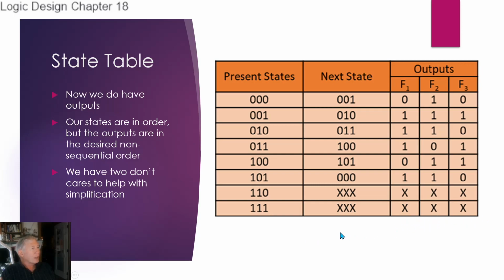So we have to design the D inputs for our 3 flip-flops, and then we have to have a network for each of our outputs, F1, F2, and F3, which could actually be used to latch in 3 additional flip-flops, which would be our output flip-flops, if we wanted to actually have the value held in flip-flops for some reason. Or we could just drive LEDs or some sort of sensor, some sort of display. Okay.